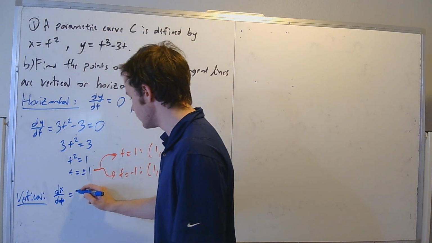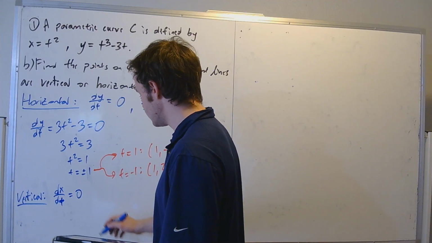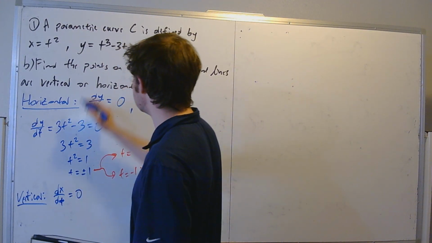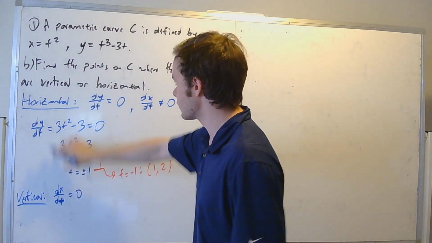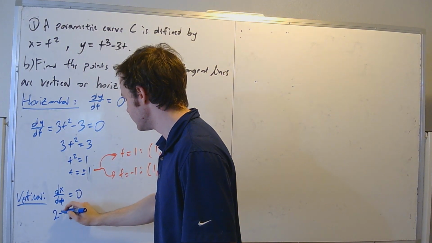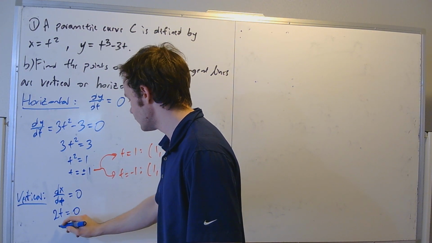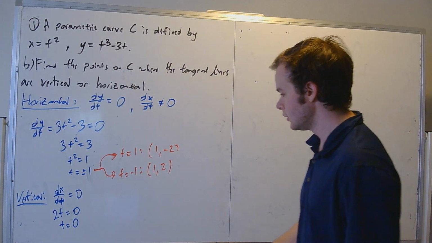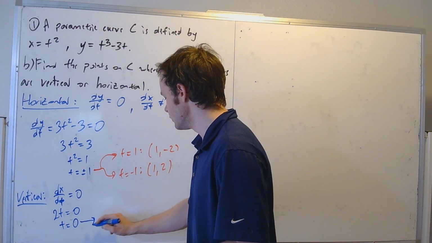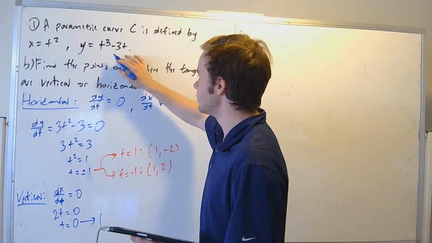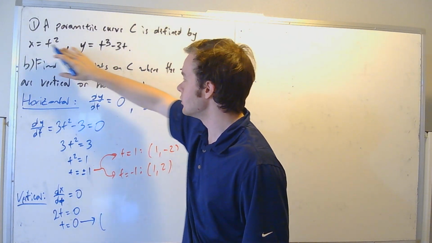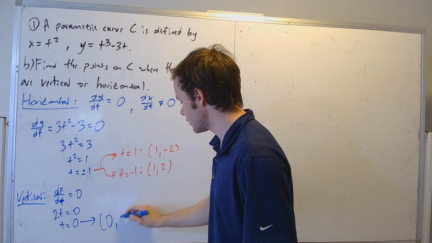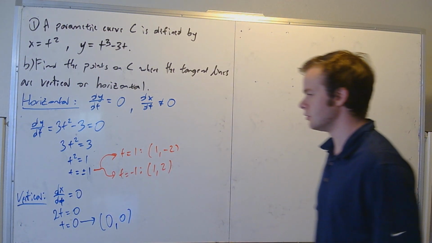So we know the derivative of x with respect to t is 2t. That's equal to 0. So then we know that t is equal to 0. So if you plug in t equals 0 into your equations up here, you're going to get that the x value is 0 and the y value is also 0. So plugging that in up there, you get the point 0, 0.